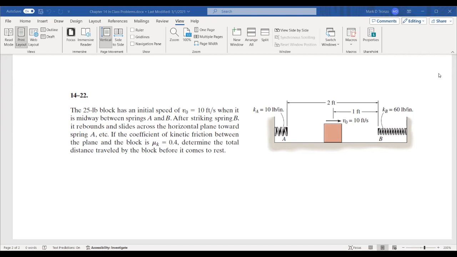It asks for the total distance. We'll kind of find out the final position where it ends up. And then if you want to, you can add up all the values, but we'll find out where the final position is that the block ends up at.